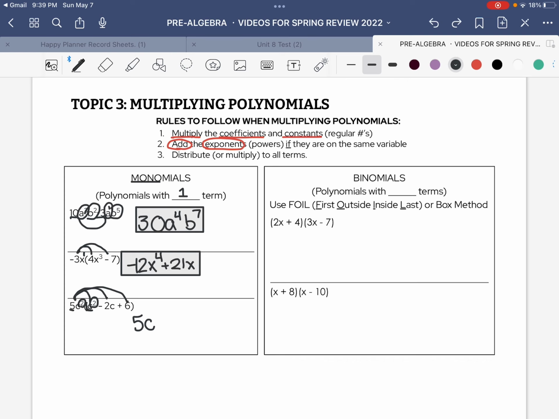Then I move on to the next one. 5 times negative 2 is negative 10. And 2 plus 1 is 3. And then 5 times 6 is 30. C squared, because there's no extra c's on the 6.